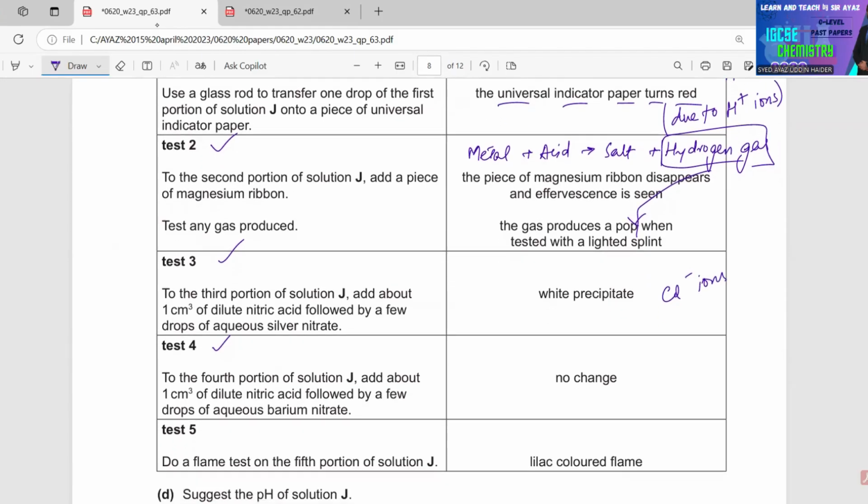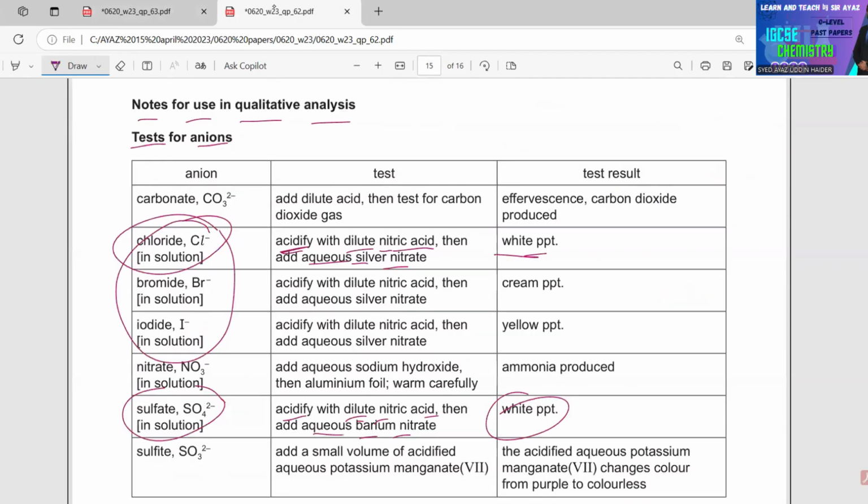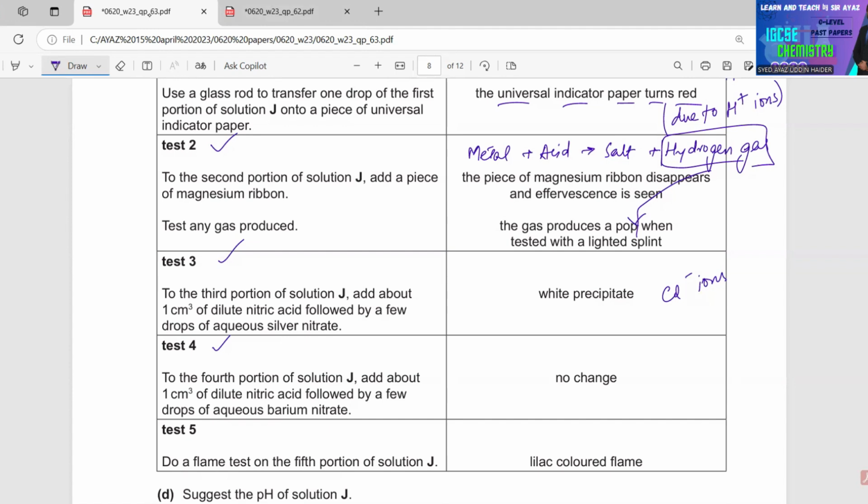To the fourth portion of solution J, add about 1 centimeter cube of dilute nitric acid followed by a few drops of aqueous barium nitrate. They are saying no change. So this is a test for the presence of sulfate ions. Nitric acid is added, then aqueous barium nitrate is added, and it must show a white precipitate, but it's not there. So sulfate ions, SO4 2-, are absent.